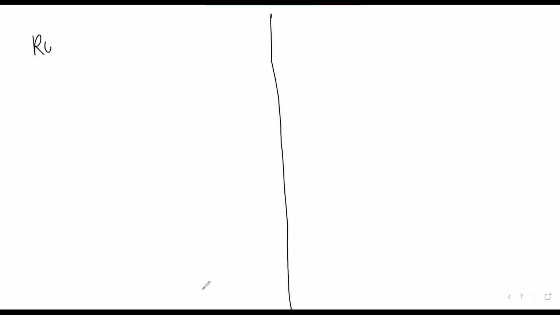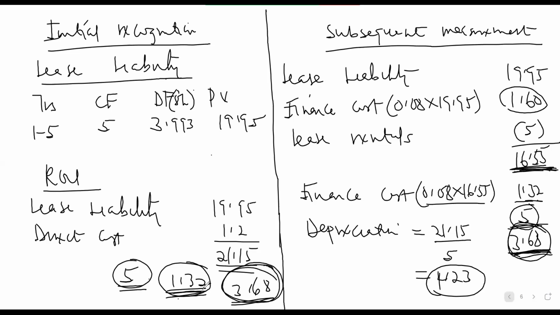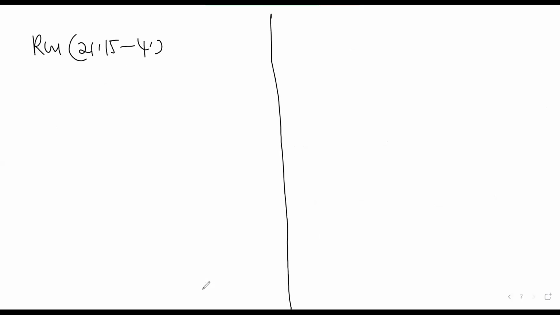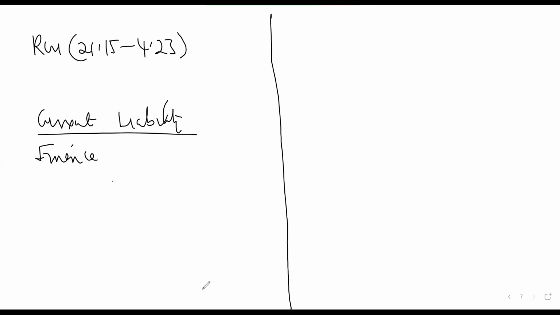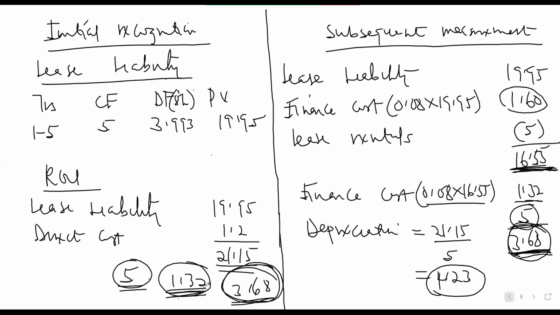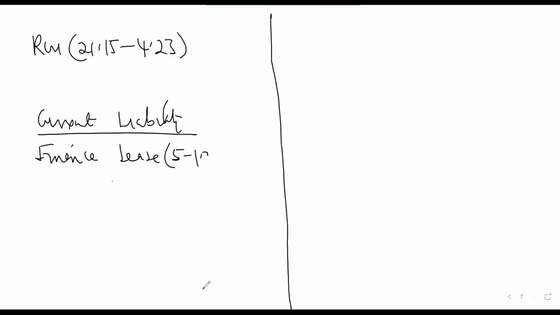So you come to the right of use over here. That will be 21.15 minus 4.23. So the right of use will be shown as the carrying value. Under the finance lease, your current liability will be calculated as 5 minus 1.32, which gives you 3.68.